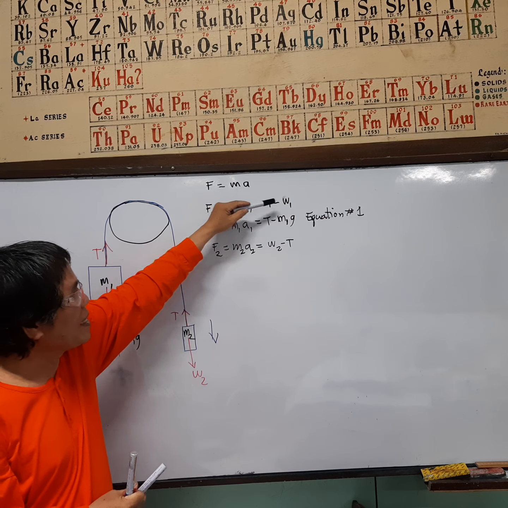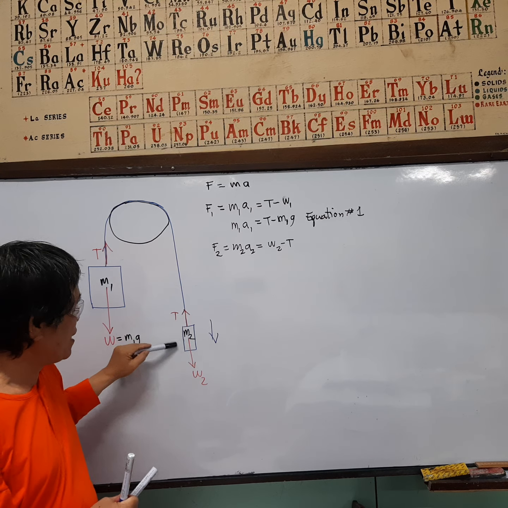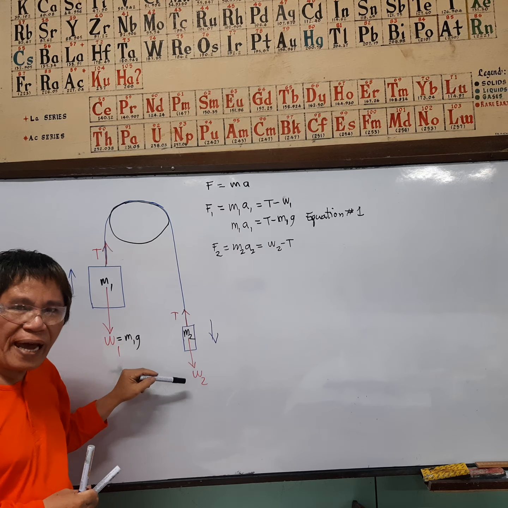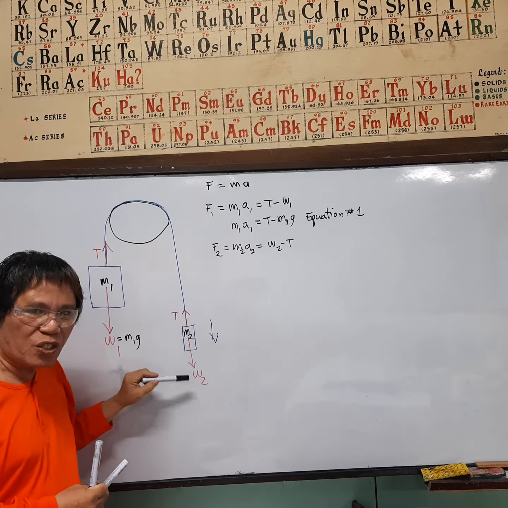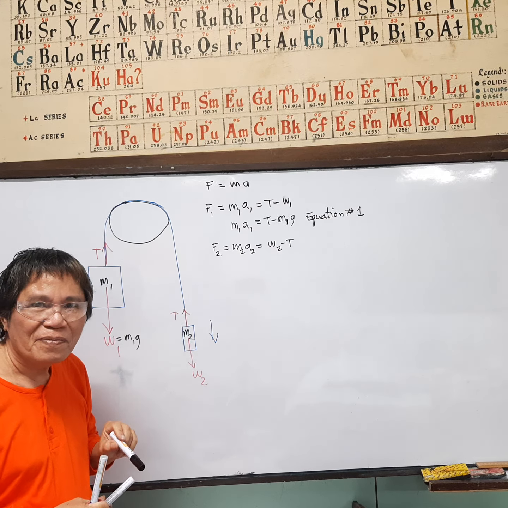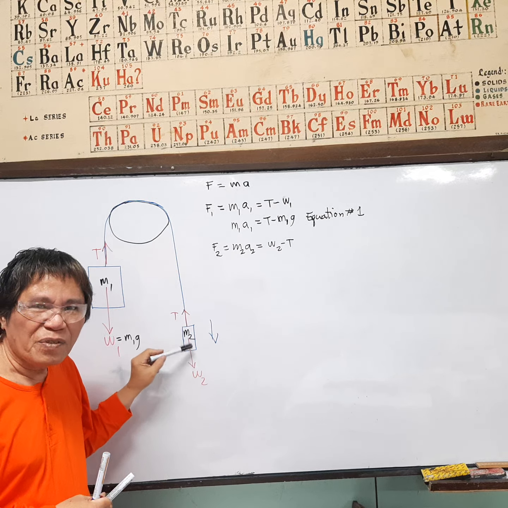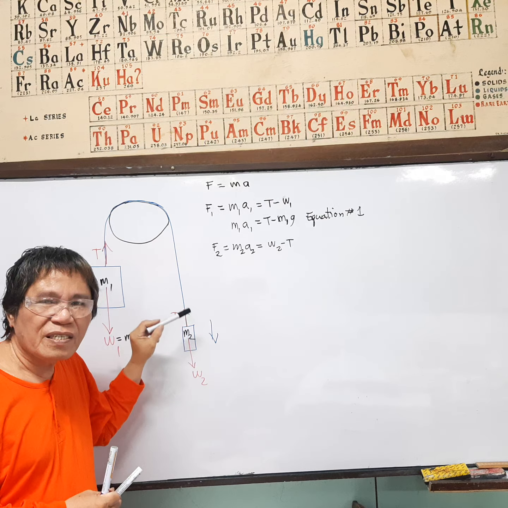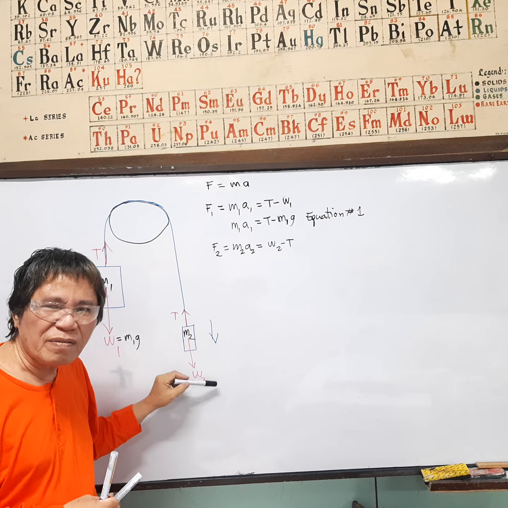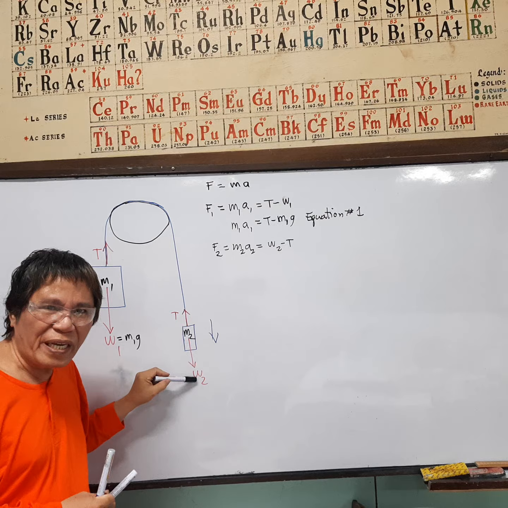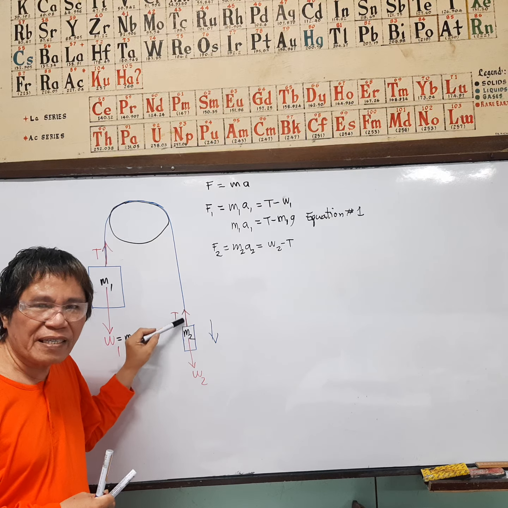Here, T minus W1. But here is W2 minus tension. Why? It is going down, therefore the weight 2 is stronger than the tension. Because this counterweight is able to go down against the tension, the force of this weight is greater than the tension.